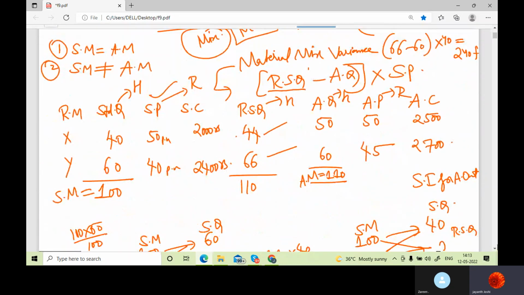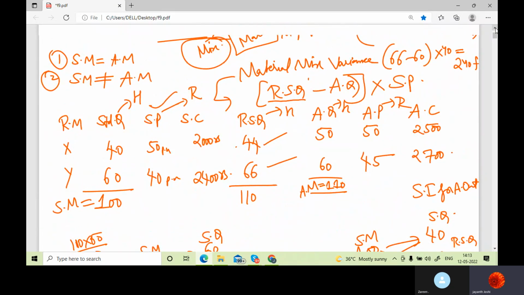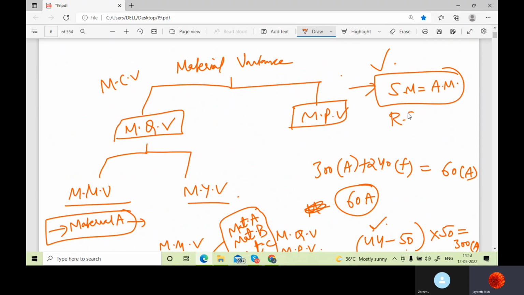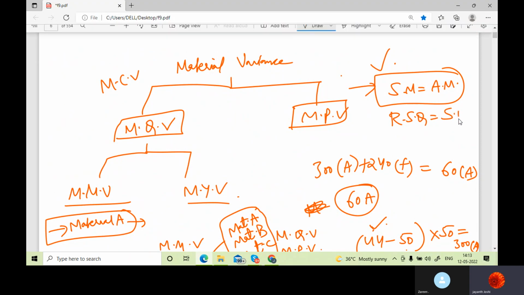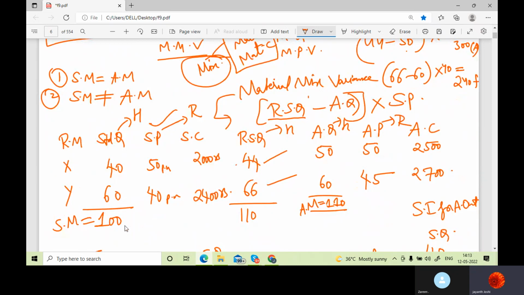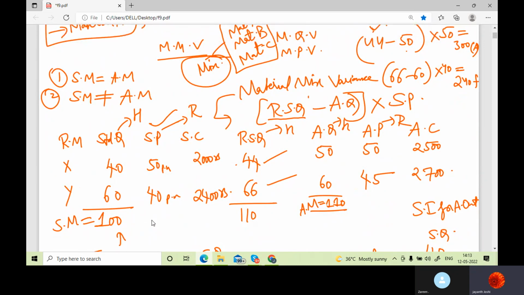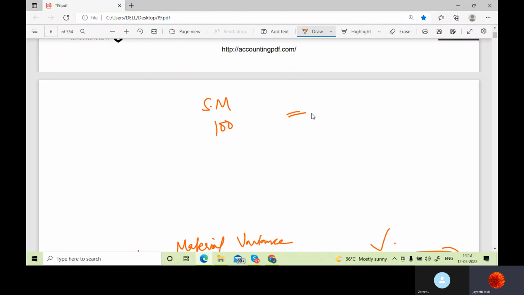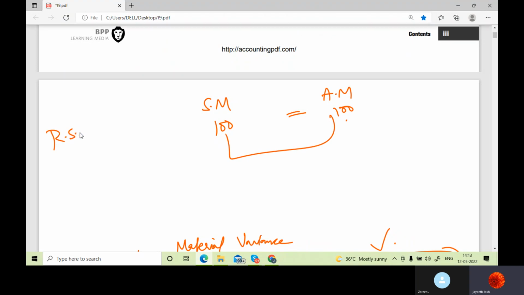So when you have this material mix variance question and standard mix is equal to actual mix, your revised standard quantity is nothing but the standard quantity itself.